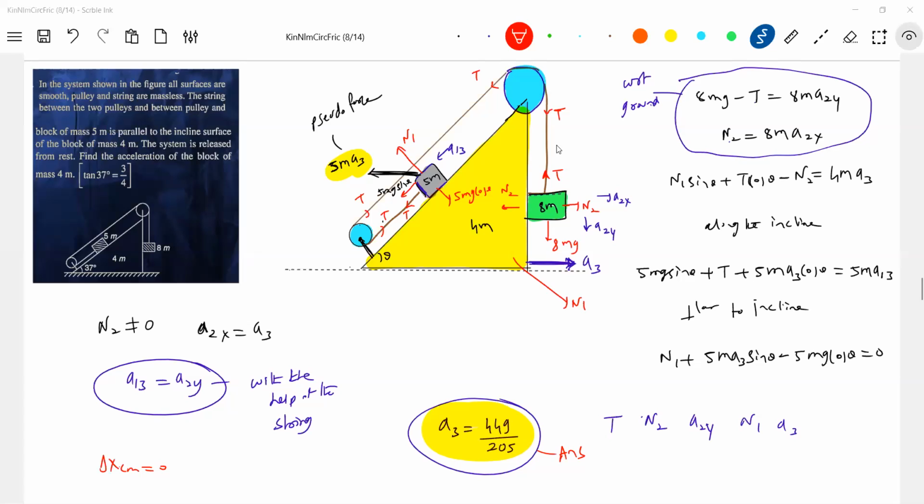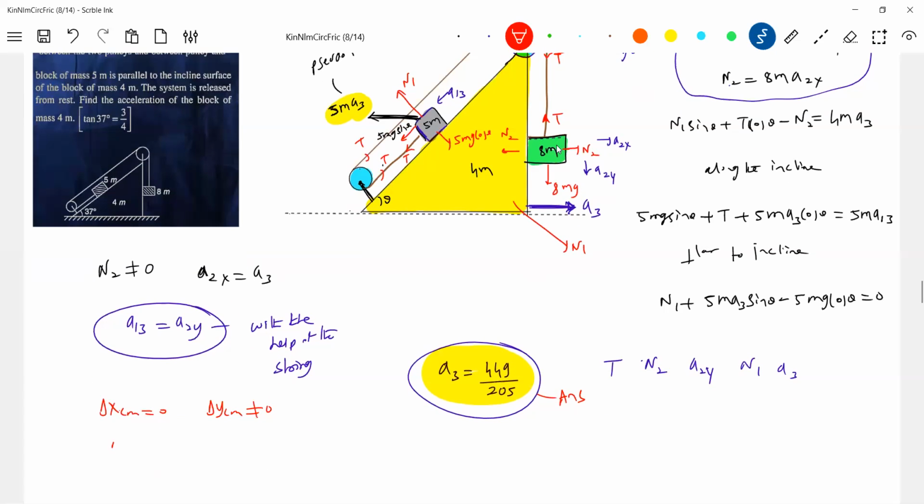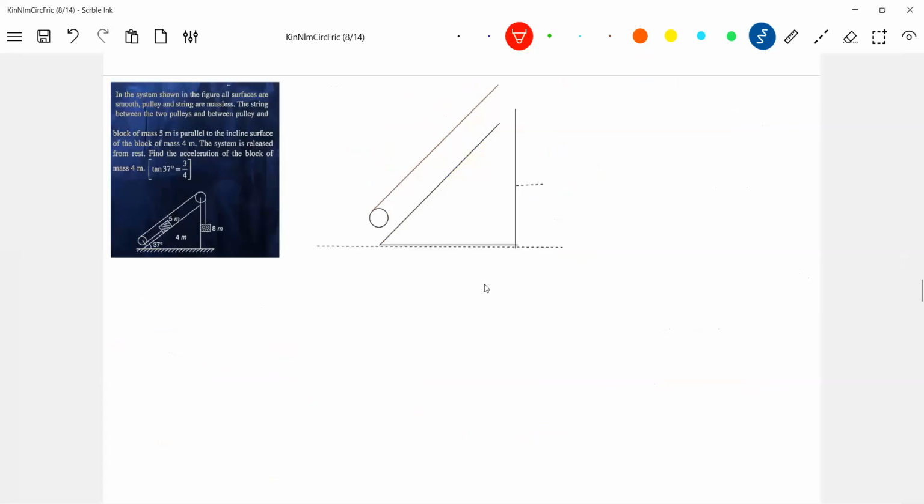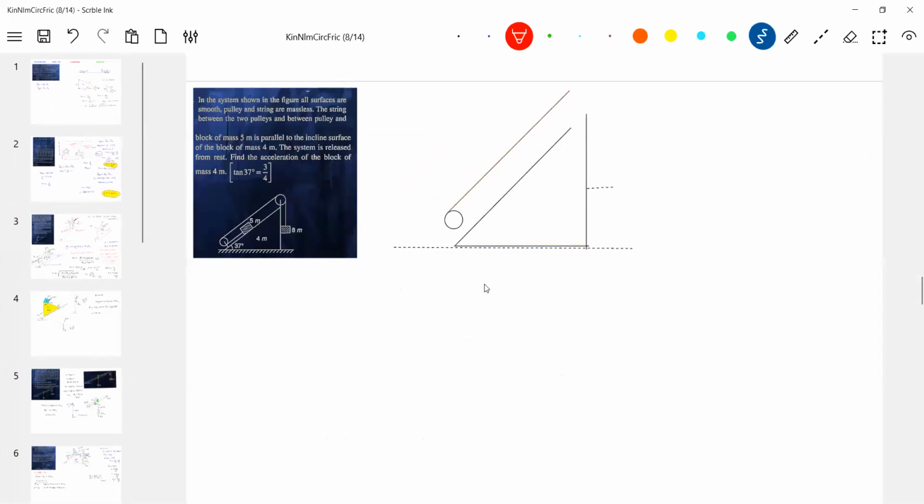Net force on the system along the axis will be 0. You see, T cos theta, T cos theta, here T cos theta, T cos theta, N1 sin theta, N1 sin theta, N2 and N2. Finish, over. And the center of mass, in fact, will shift along the y-axis. So in the problem, I may ask you to find the acceleration of the center of mass, so more than one option. Along with this, I may dump such things for you. You be careful.